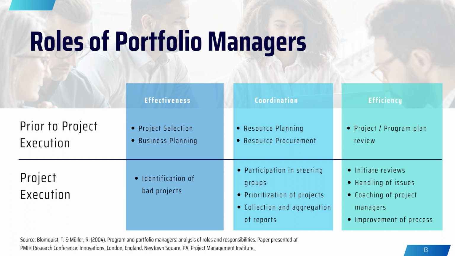You do the resource planning, you may have to do resource procurement, and participation in steering committees. As a portfolio manager, you may also be participating in some steering committees. Prioritization of the projects, you help or move around the projects. Sometimes you feel that this project is going to get us more value than another project. Maybe you have to get rid of them.